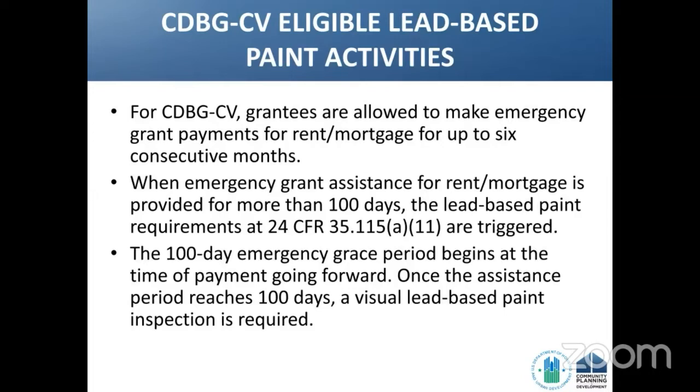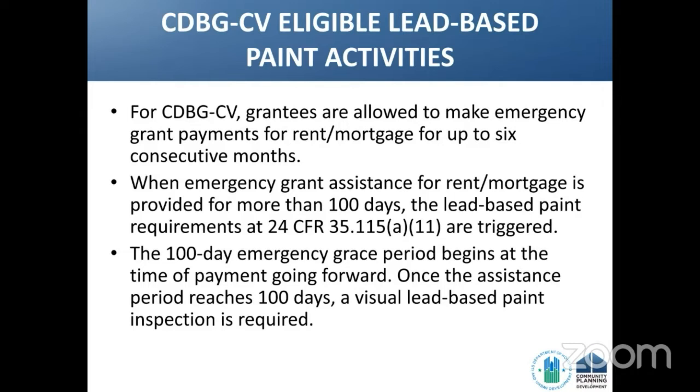So if they're going to do it for 100 days or more, then this regulation requirement kicks in. The exemption will expire on that 100th day.